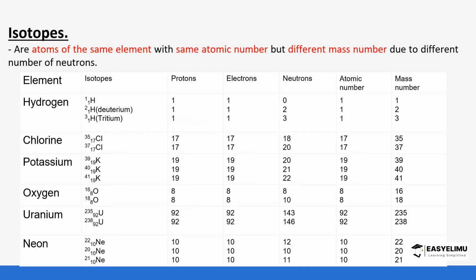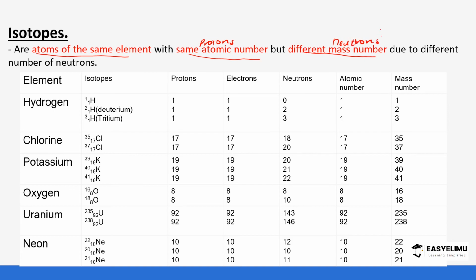So first of all, isotopes are atoms of the same element with the same atomic number, but different mass number. Another way of seeing it is that they are atoms of the same element with the same number of protons but different number of neutrons.